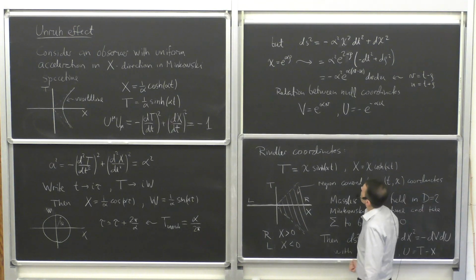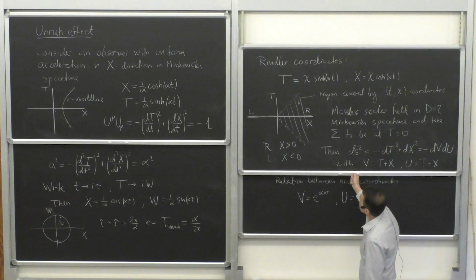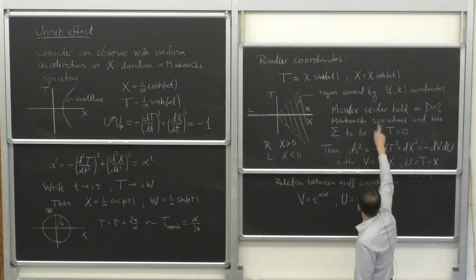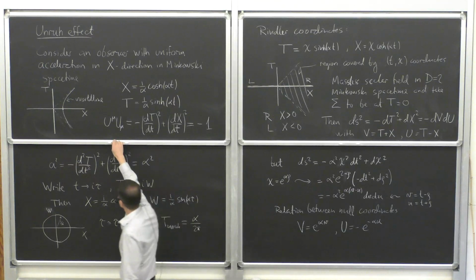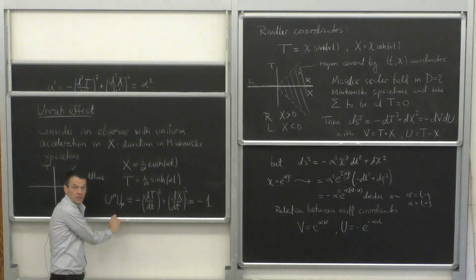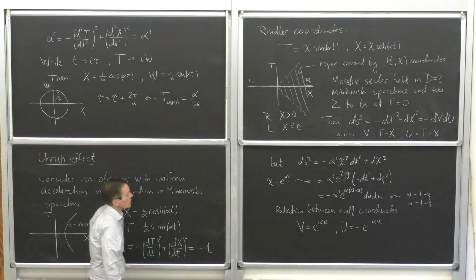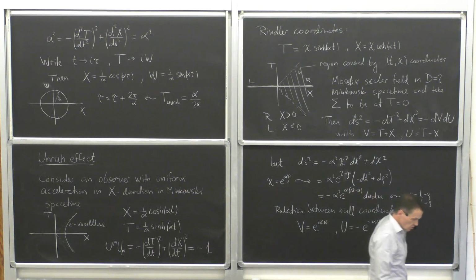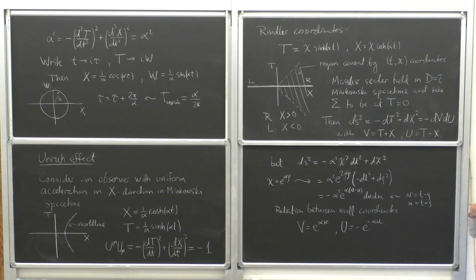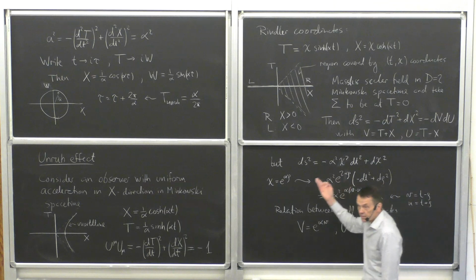I can start thinking about doing mode expansions. I'm doing this massless scalar field theory, so I'm going to do mode expansions in these different coordinate systems and compare. What I'll be interested in is, of course, the Minkowski vacuum, which is the state that is annihilated by the annihilation operators associated with positive frequency modes in Minkowski time.